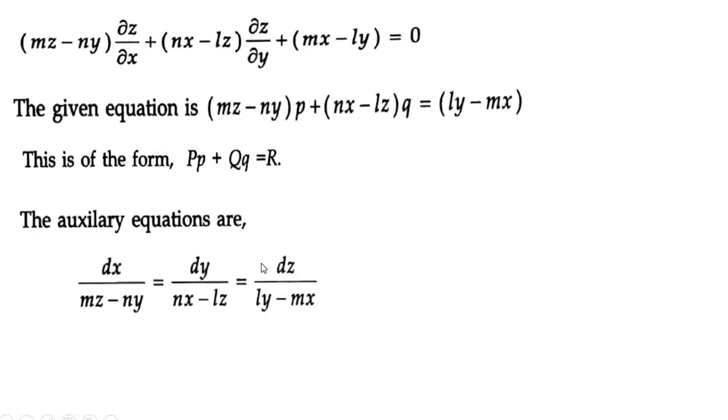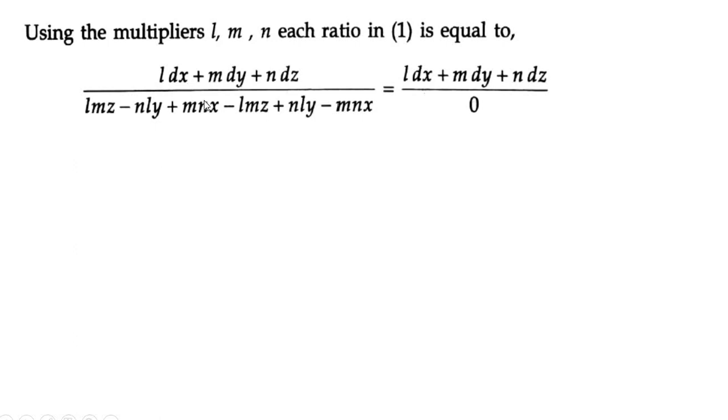So write its auxiliary equation. After writing the auxiliary equations here, we can write this as dx, dy, because you have mz minus ny, nx minus lz, ly minus mx, right? First of all, let me use the multiplier.